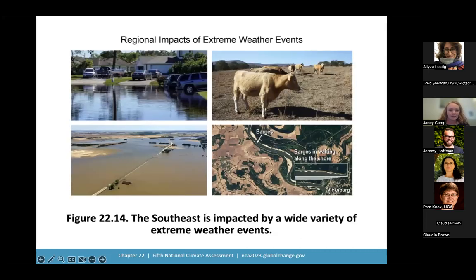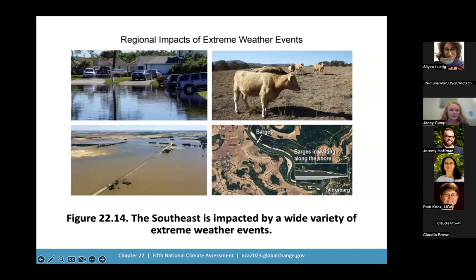As we were considering the regional impacts of extreme weather events, we took into consideration the diverse communities of the Southeast and the different types of extreme weather events that climate change has in store for the region. The Southeast economy relies on ports and rivers, rail, air, and other road transportation networks, which help get goods and products to our homes, and help move agricultural products and other manufactured goods to market.